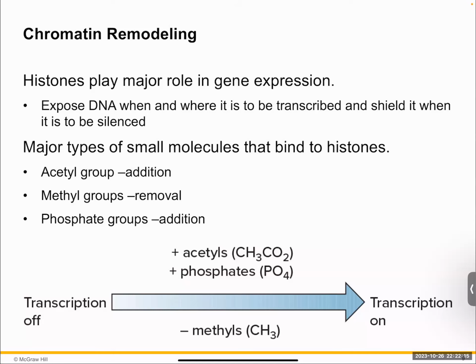Now, what are the main molecules that can interact with histones and allow the process to start? Or in some cases, you may even remove a molecule so that the interaction with histones changes the transcription from the off position, quote unquote, to an on position.